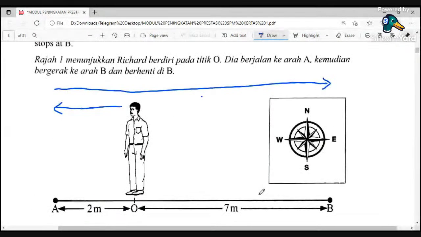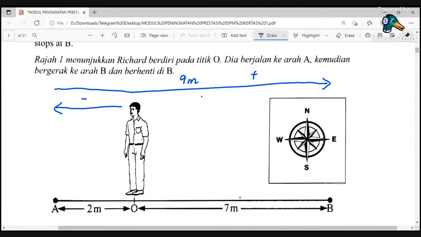Okay, let's say I assume direction to the right as positive, direction to the left is negative. So distance travel from A to B equals to 2 plus 7, which is 9 meter. So this is the distance travel to the right.